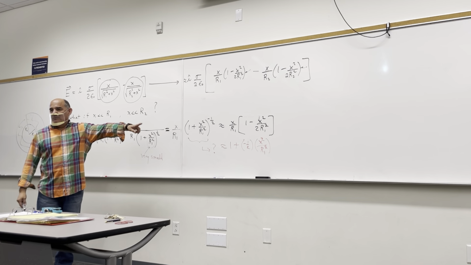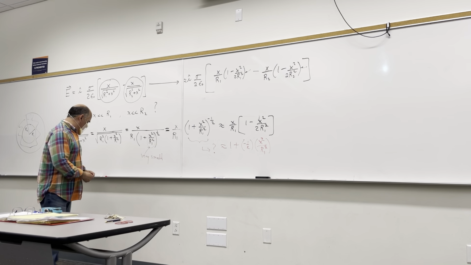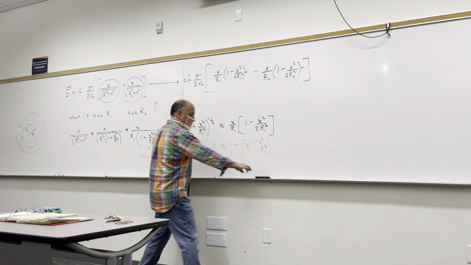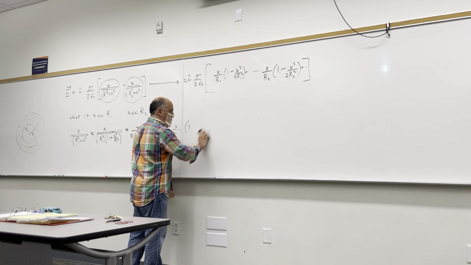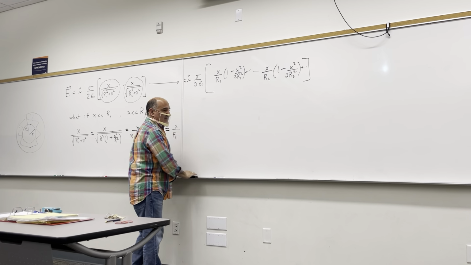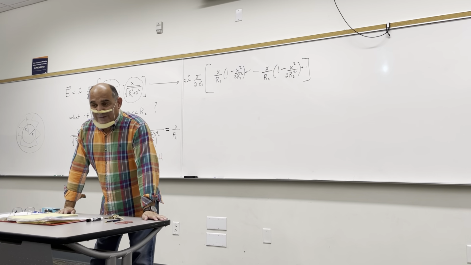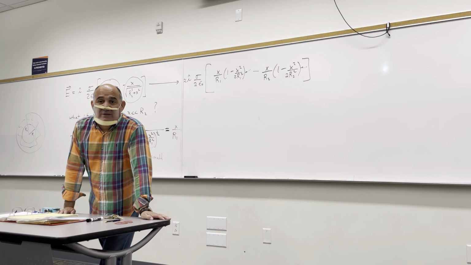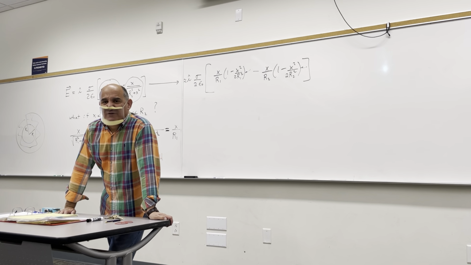Can I erase what's on the board over here? On this side? So, I guess a better answer to your question is that when I first learned about the binomial expansion, I learned it, applied it, forgot it.